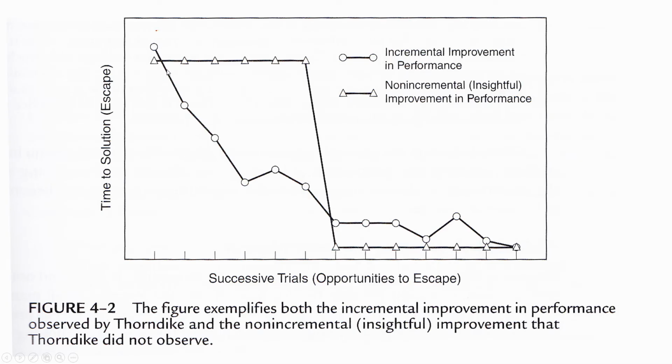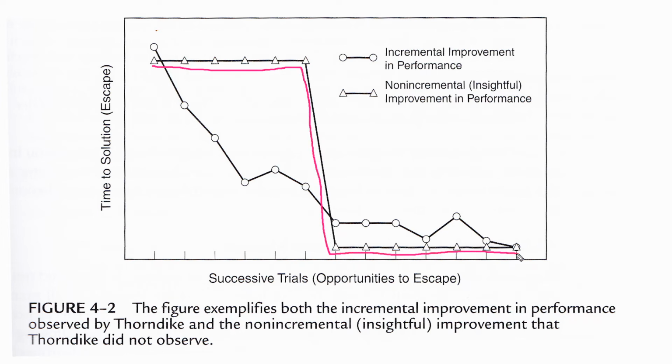So if we look at this sort of idealistic graph here, this was what he was looking for, a difference between two different kinds of learning. The first is, actually I can draw it in over this with my lines. So if we look at this line with the triangles, this is the original idea.